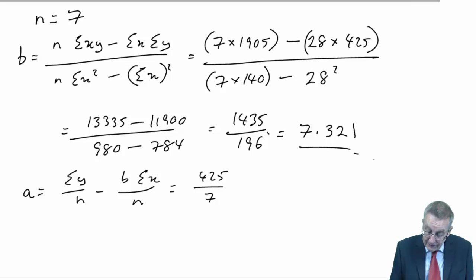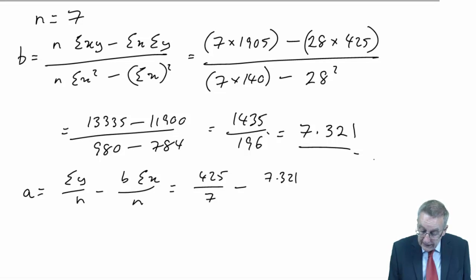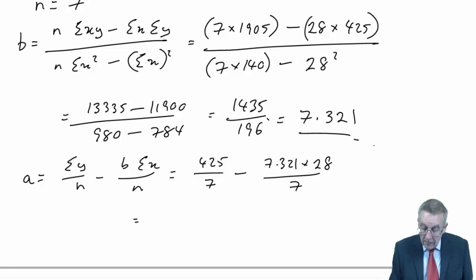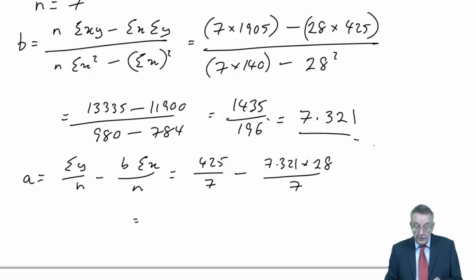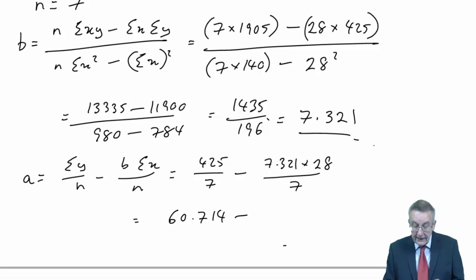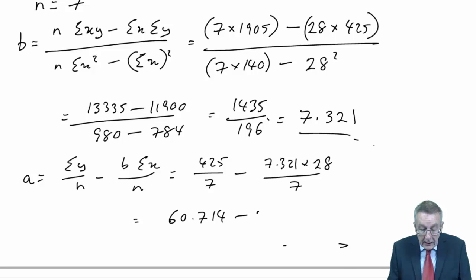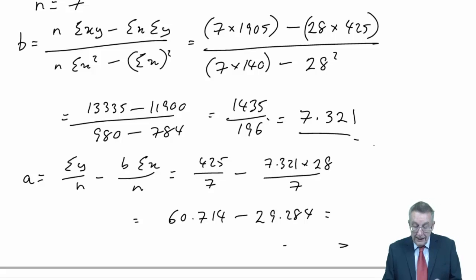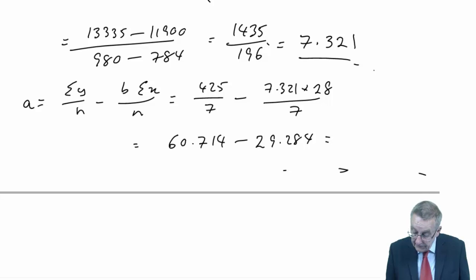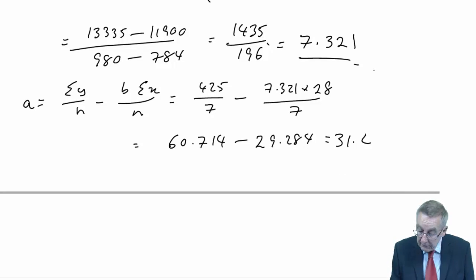B, we've calculated, is 7.321, times sigma x, which was 28, again divided by 7. 425 divided by 7 is 60.714, minus 7.321 times 28 divided by 7, 29.284, is 31.43.